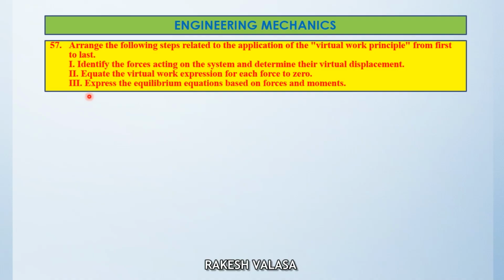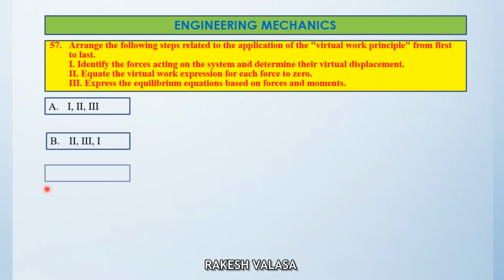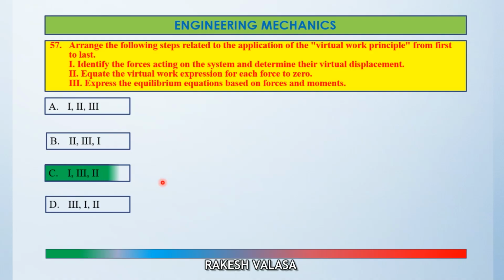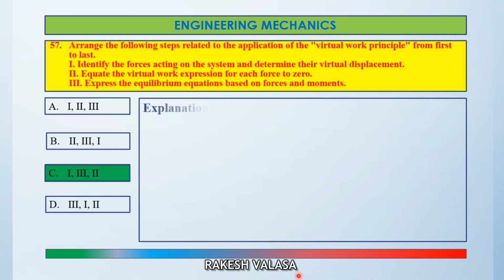Statement 3. Express the equilibrium equations based on forces and moments. Option A 1 2 3, option B 2 3 1, option C 1 3 2, option D 3 1 2. The correct answer is option C, 1 3 2. Let us see the explanation.